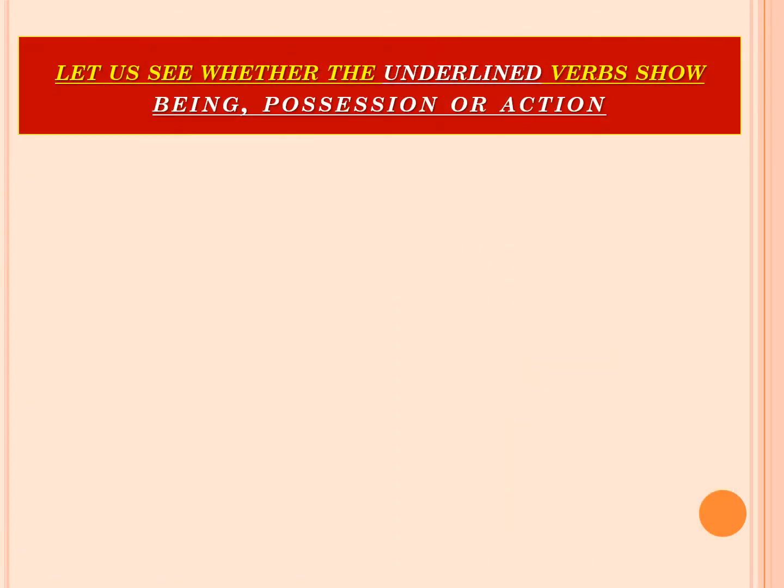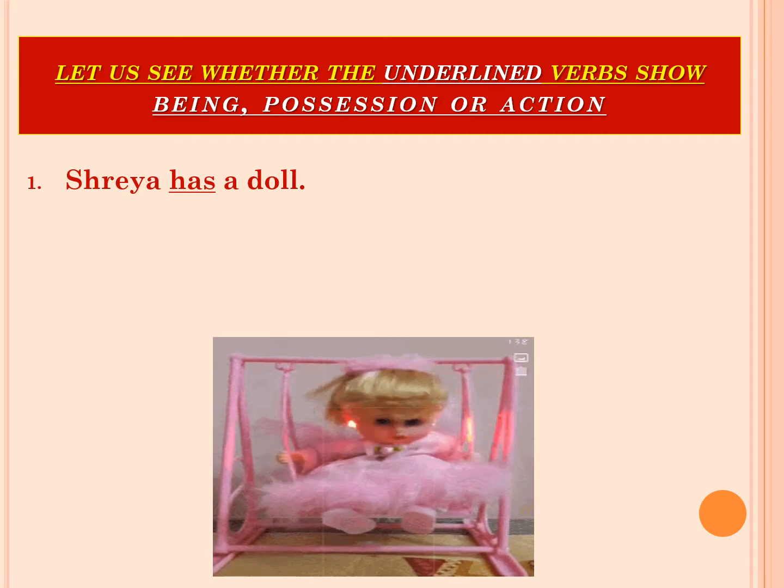Let us now see whether the underlined verbs show being, possession or action. I have a few sentences here for you where the verbs have been underlined, and we are going to deal with them one by one to see whether they show being, possession or action.